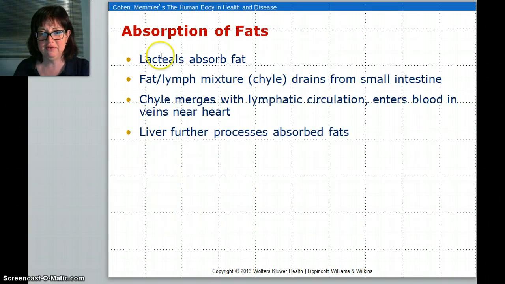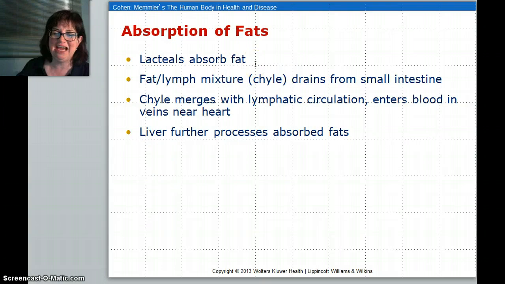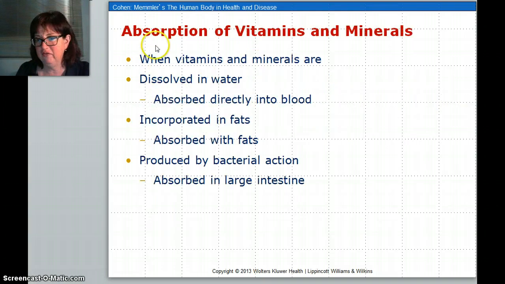Then the absorption of fat happens in the lacteal. And also vitamins and minerals are absorbed. Some are incorporated into fat and some are not. Some are water soluble. There is also bacterial action in the large intestine.